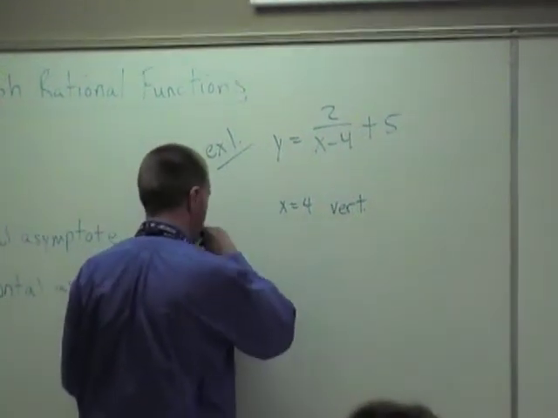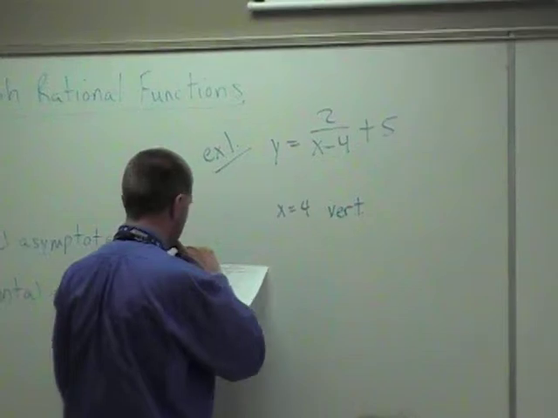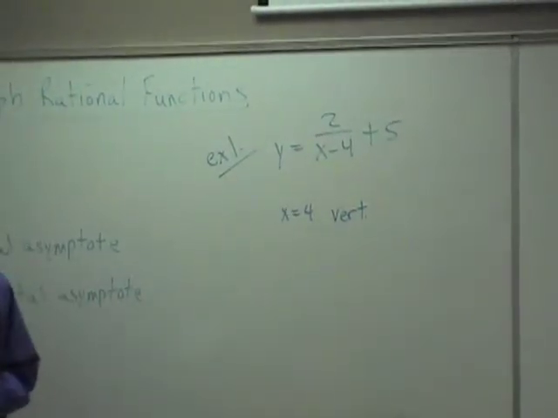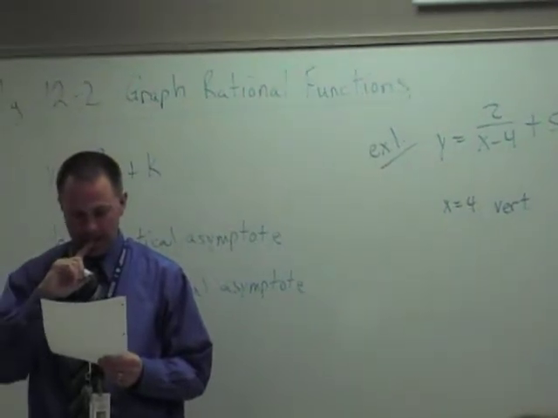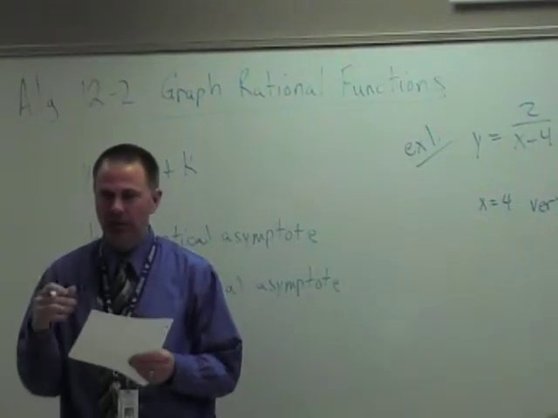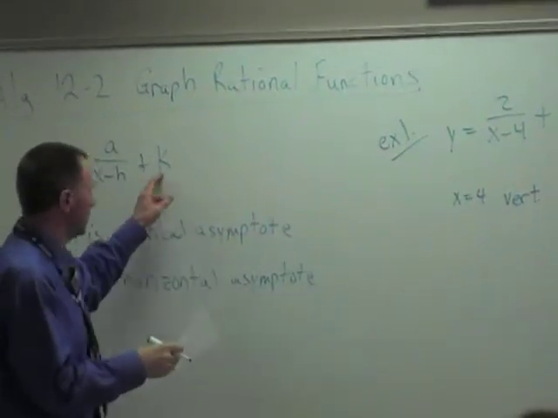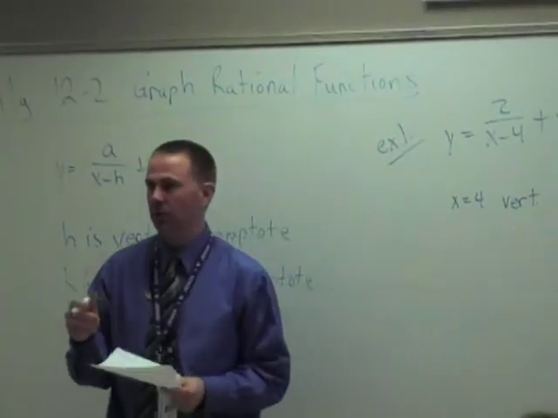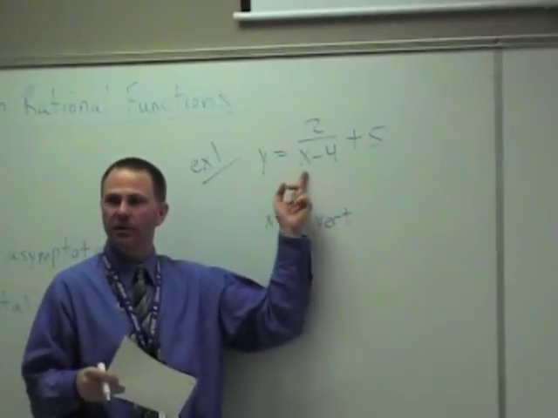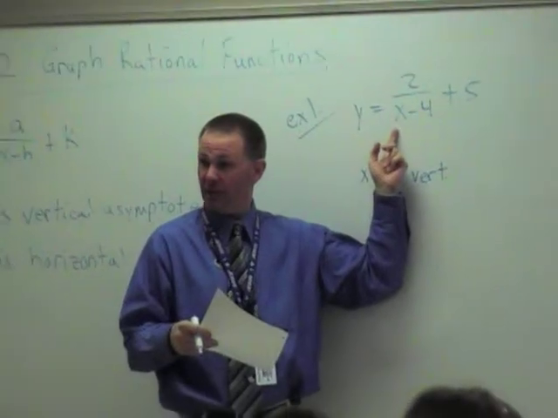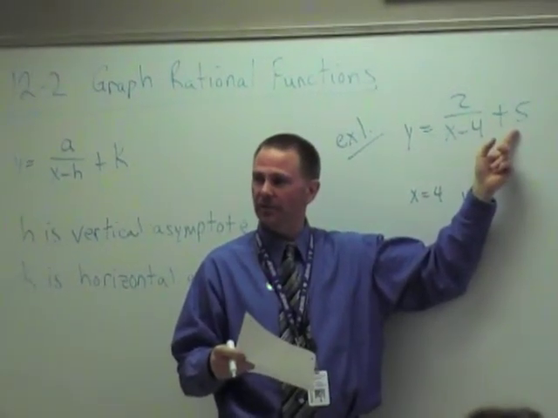Now, k, in this case. This is the smart reasoning behind why k is your horizontal asymptote. What this was is what x is. I'm not really focusing on this position.